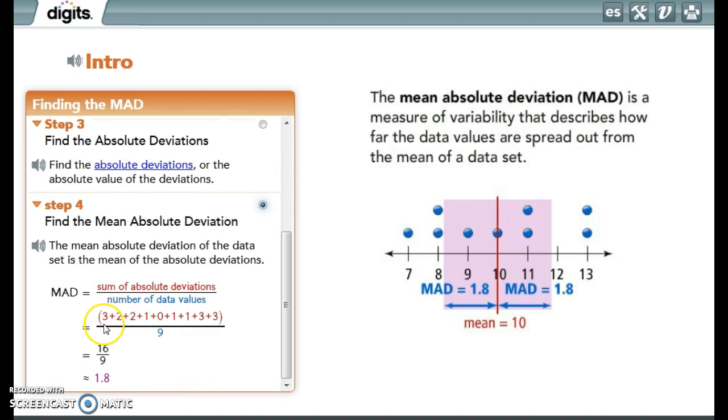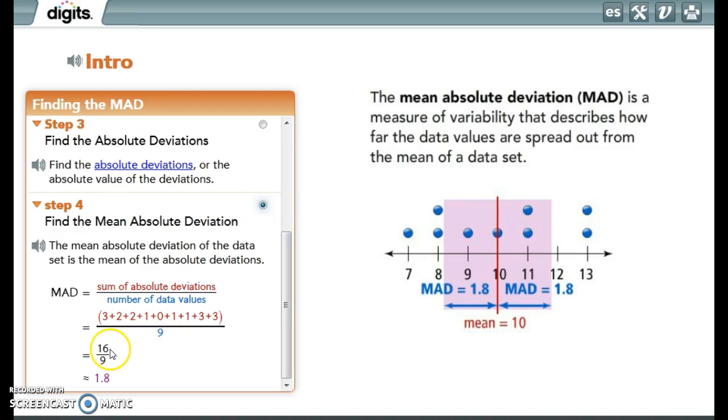So to do that, we see that we're adding 3, 2, 2, right here, 1, 0, 1, 1, 3, 3. We're adding all those numbers together and dividing by our number of data values, so we're dividing by 9.